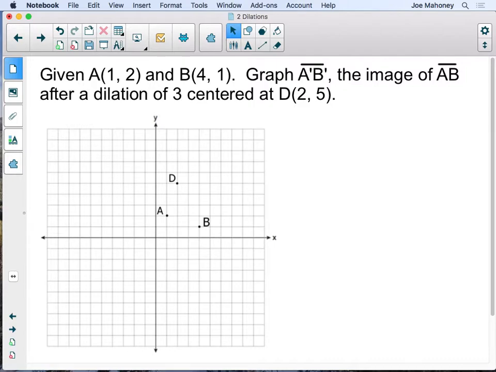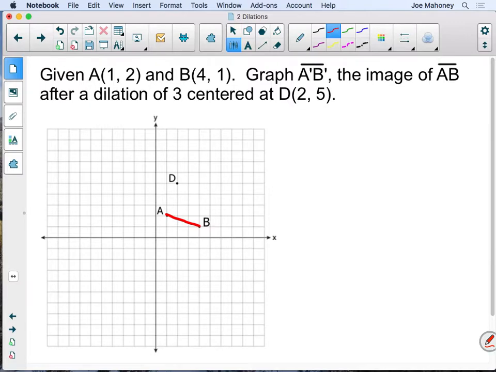So as we keep moving, let's apply some of that to a distance on a grid. A lot of dilations are done on grids. This is pretty cool. So I'm given point A and point B. They can make segment AB. And what I want to do is I want to dilate it by a scale factor of 3, and the center is going to be at point D. So let's think about what that does.